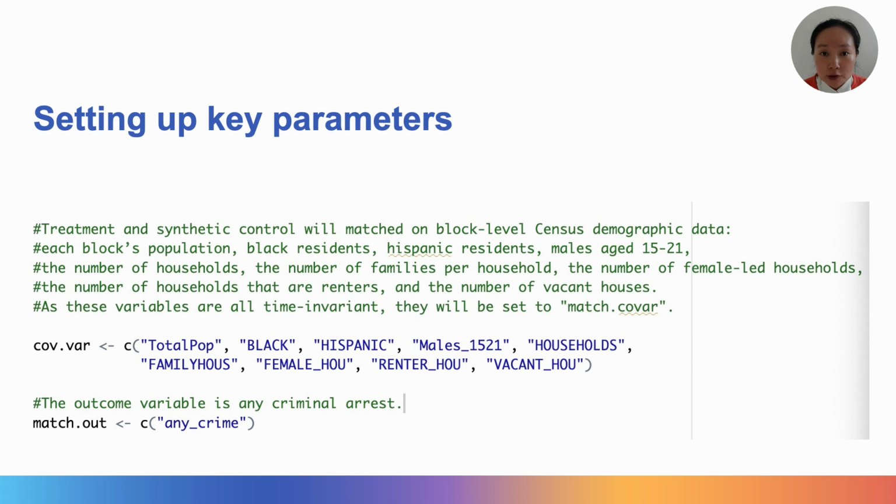In other words, they should be stable, they should remain the same during our study periods. And our match out or outcome variable is any crime, as I mentioned earlier.